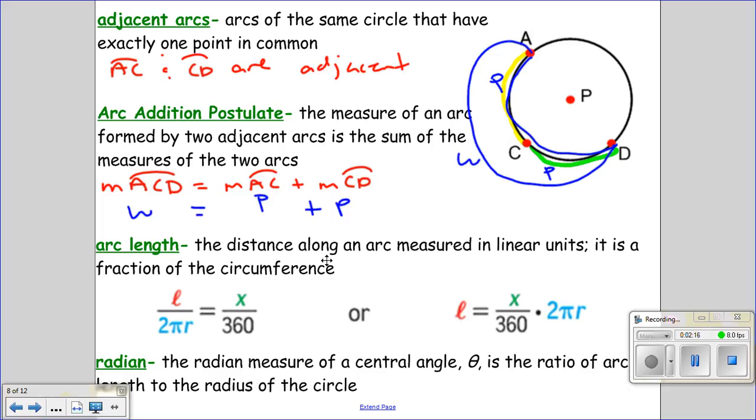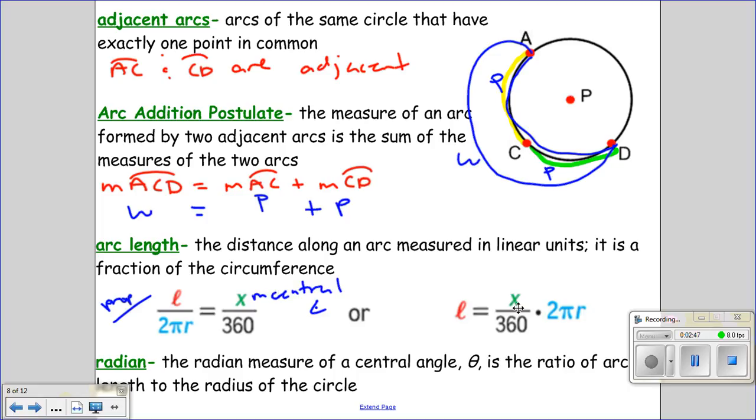Arc length: the distance along an arc measured in linear units. It is a fraction of the circumference. So to find the arc length, you can set up a proportion where you can say arc length divided by circumference is equal to x, which is the measure of the central angle, divided by 360.